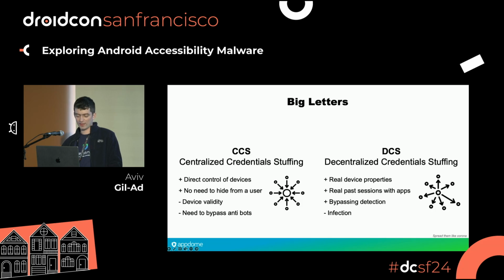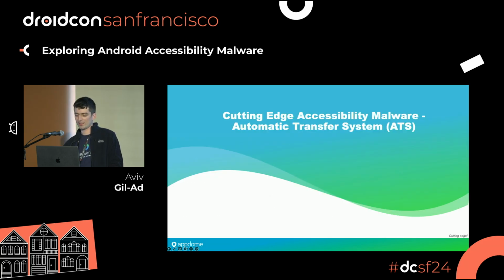Now, the second thing I'm going to talk about is ATS malware. This will lead us to accessibility service malware, but first, what's an ATS malware? ATS is an acronym for automatic transfer system. That's basically a malware that steals your money, transferring your funds automatically without user interaction, hence automatic transfer system.